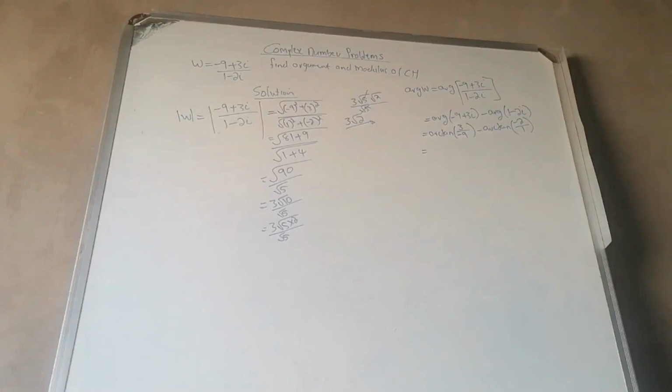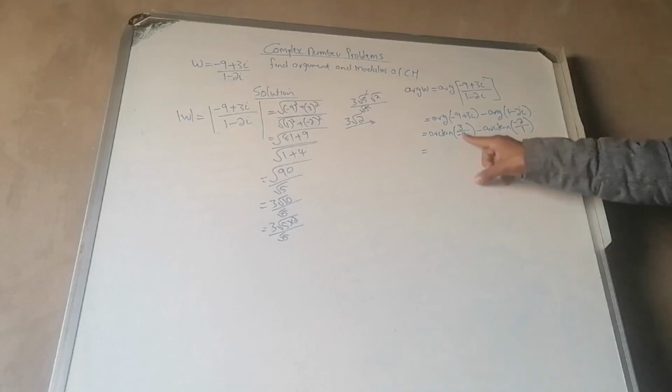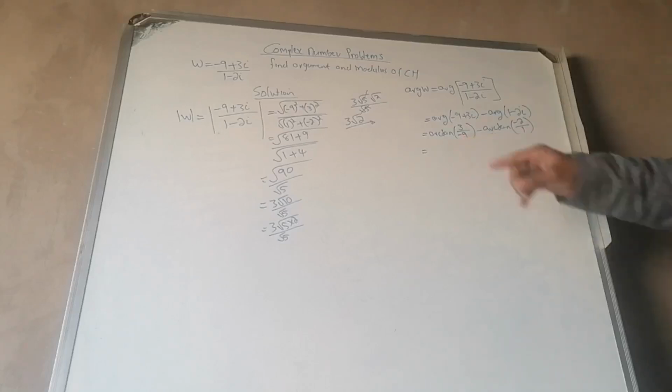So I'll just go to my calculator here and say, okay, arctan, or tan inverse, of 3 divided by minus 9. And you will find a negative value there. And I know that whenever an angle is negative, I must go and add 180 to that.